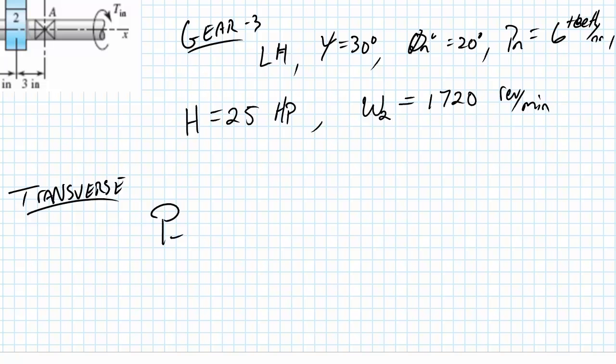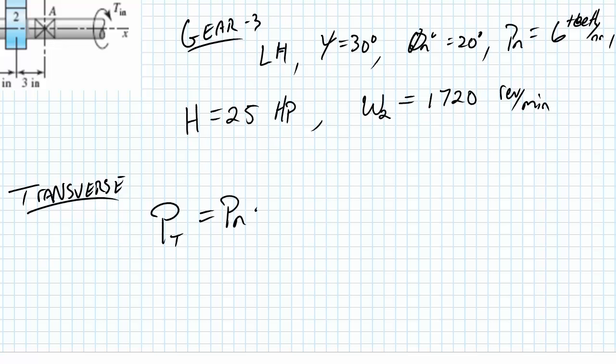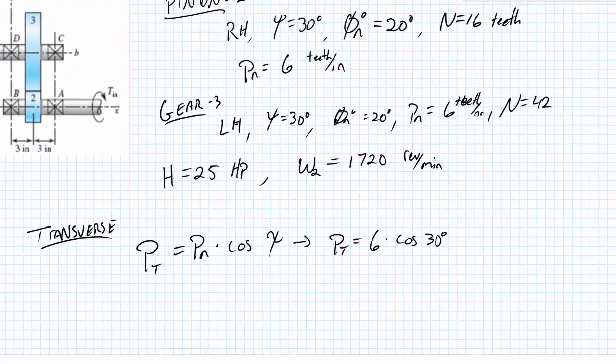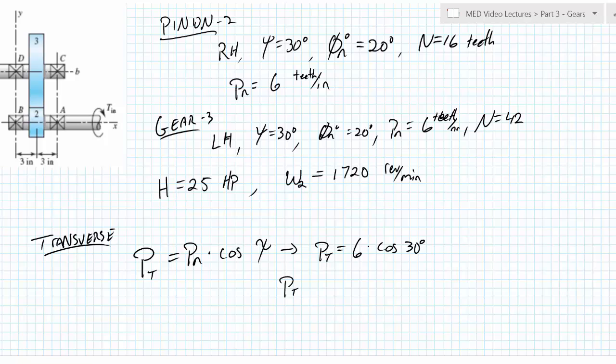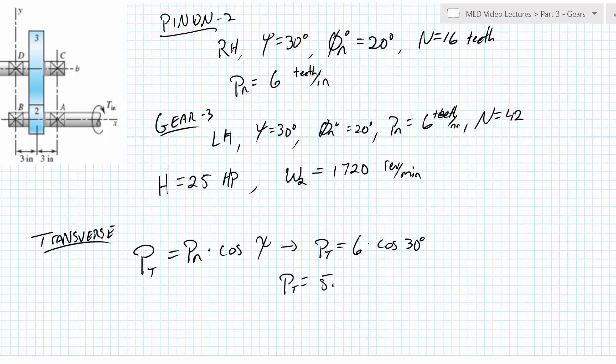So the transverse pitch is, of course, the normal pitch multiplied times the cosine of the helical angle. For our situation, that gives a transverse pitch of 6 times the cosine of 30 degrees, or 5.196 teeth per inch.